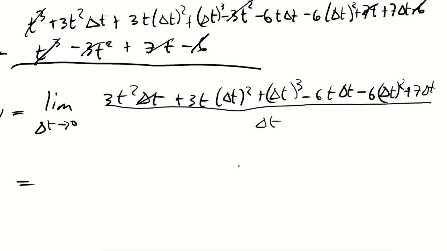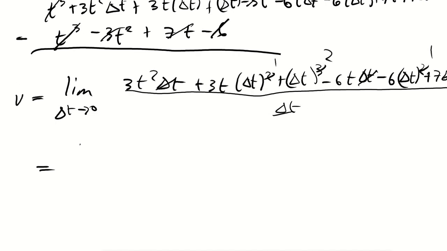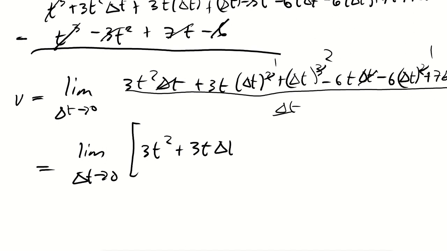So we can cancel out delta t. This is 1, and this is squared, cancel this out. So we have now the limit as delta t approaches 0 of 3t squared plus 3t times delta t plus delta t squared minus 6 times t minus 6 times delta t plus 7.